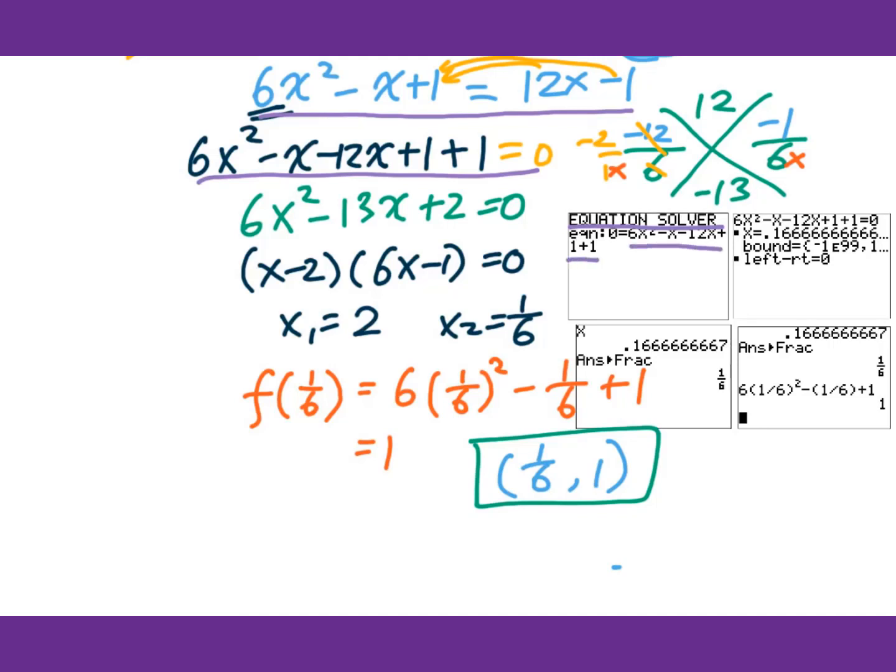I just plug exactly the equation into this equation solver. Then I do alpha enter to get this value for x. I take x outside, do the math, enter, get 1 over 6. Then I plug into the original function, I get the y coordinate for this point.